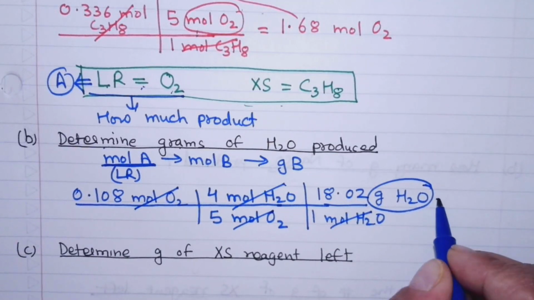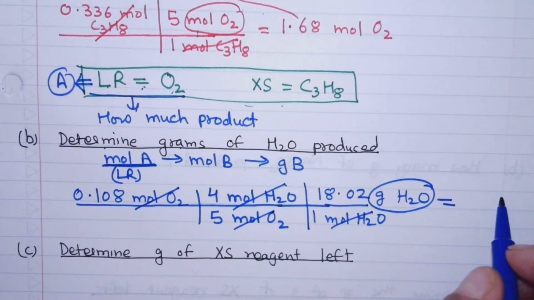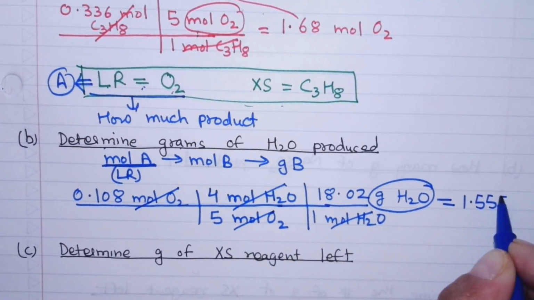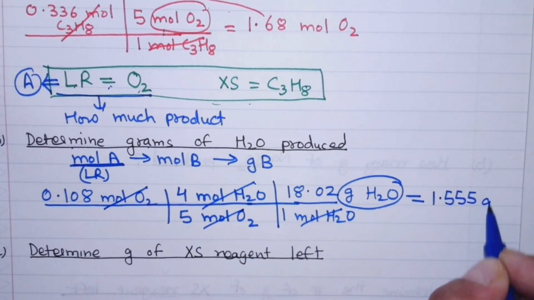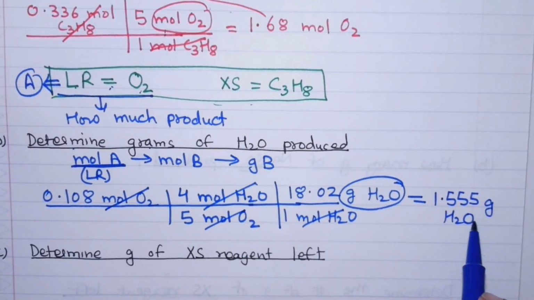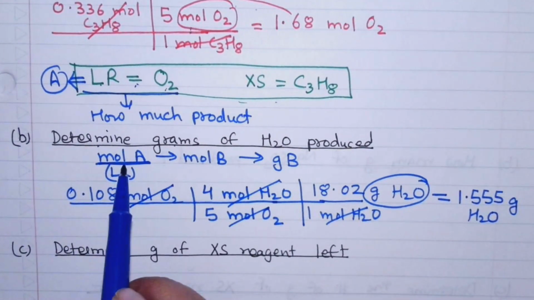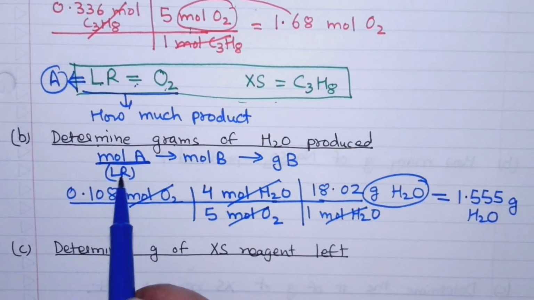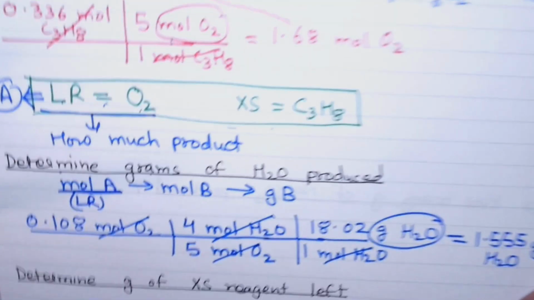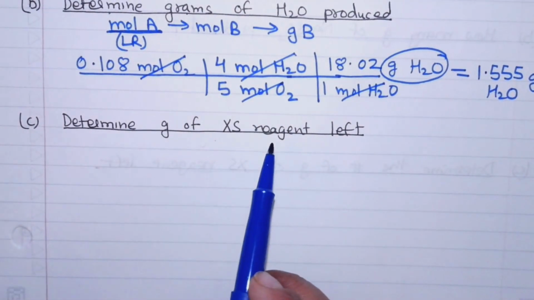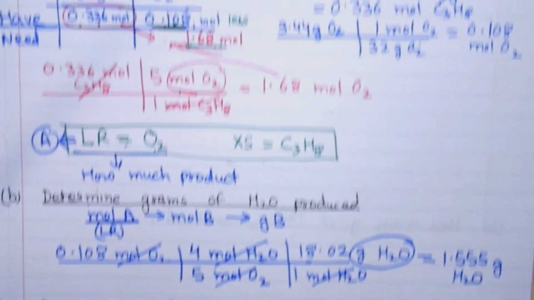So if you solve that, this will give you 1.555 grams of water. So this much water will be produced, and always remember we will start with the limiting reagent.